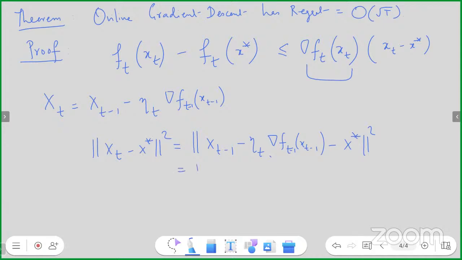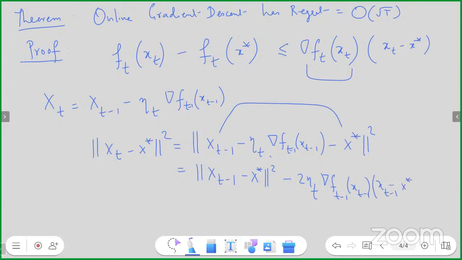You will get the first term as just combining this and this, minus 2 times eta t gradient of ft minus 1 at xt minus 1 times xt minus 1 minus x star, and plus eta t squared gradient squared. So far so good? Okay.